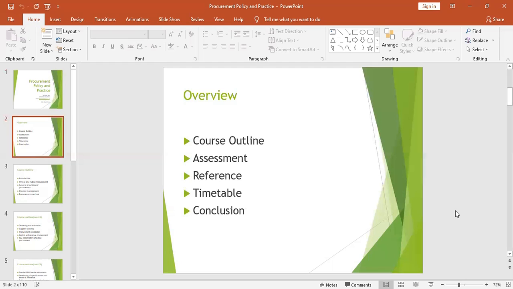Reference and the timetable, but I sent the timetable in your WhatsApp group. I hope all the members are aware that we shall be meeting every week at this time, Wednesday 3 to 3:50 p.m. Then conclusion. So let me straight away go to the course outline.